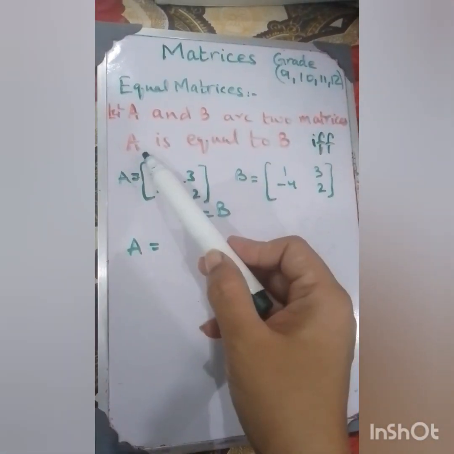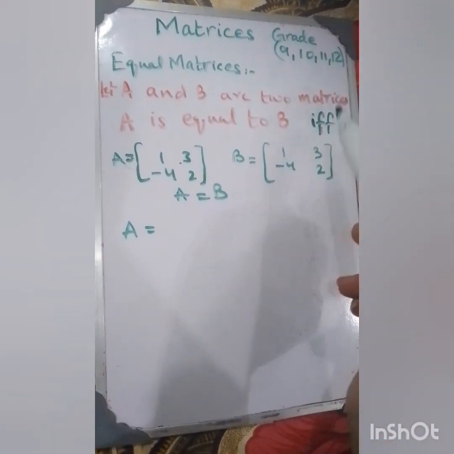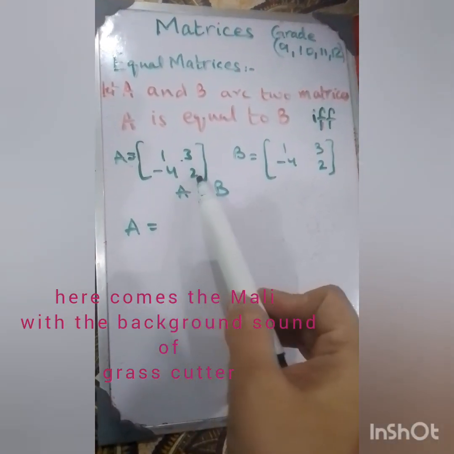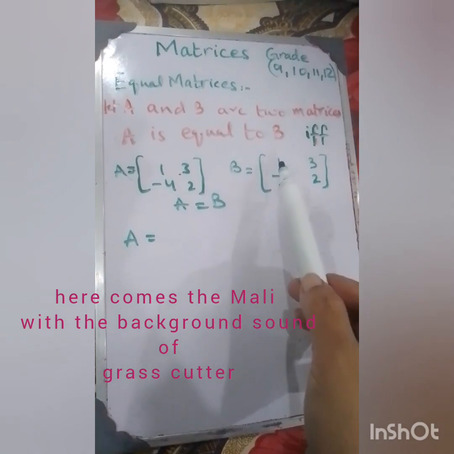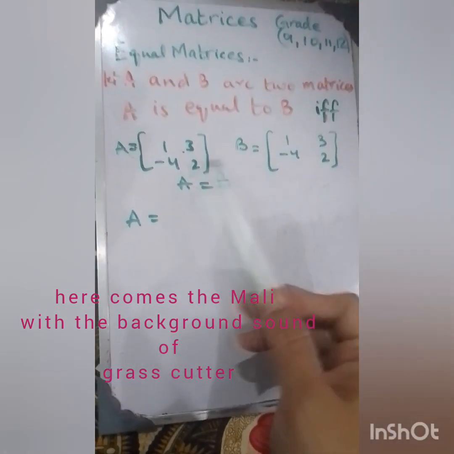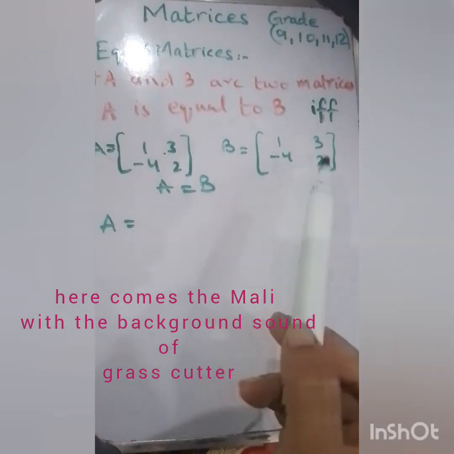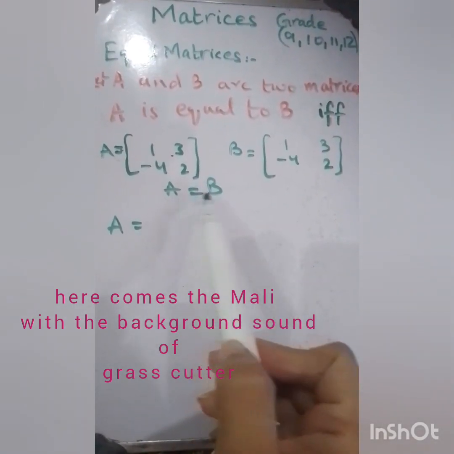Then A is equal to B if A equals 1, 3, minus 4 and 2, and B is 1, 3, minus 4 and 2. You can see the entries of the two matrices are totally the same. So A is equal to B.